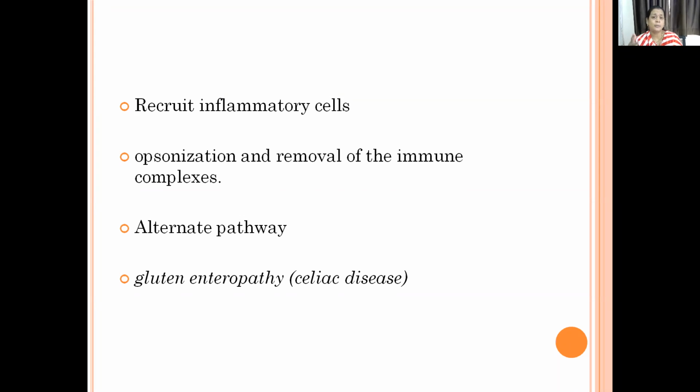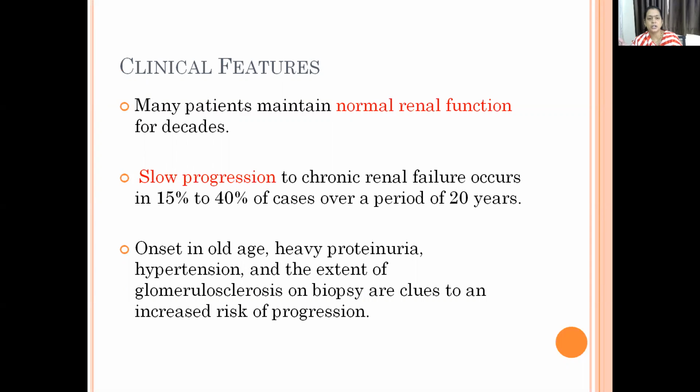So whenever there is an abnormality, some infection which is trying to manipulate the normally present IgA, then there is damage to the epithelium and the immunoglobulin composition may get changed, thereby the gluten enteropathy. And also the other thing I told you, the secondary liver disease that forms the IgA nephropathy.